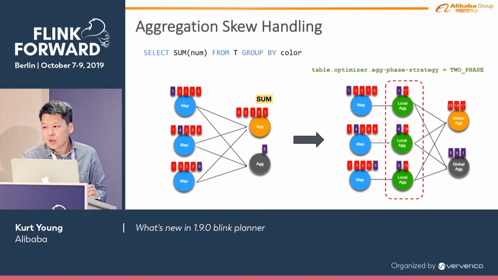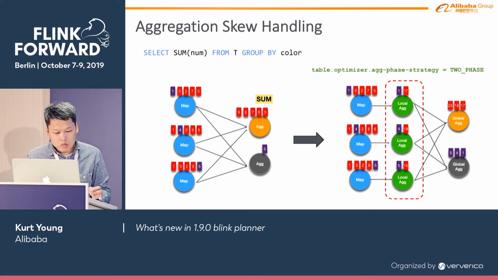We introduce a local aggregate operator after the map operator and before shuffling, so we can partially aggregate the data in upstream operators. This redistributes the computation logic evenly, so the downstream operator will not be the bottleneck anymore.